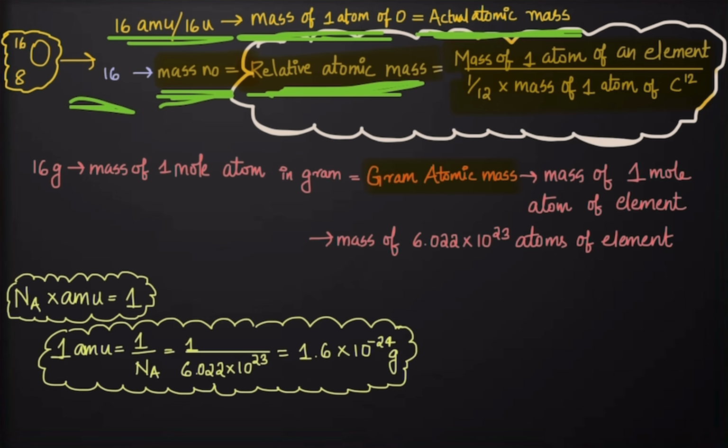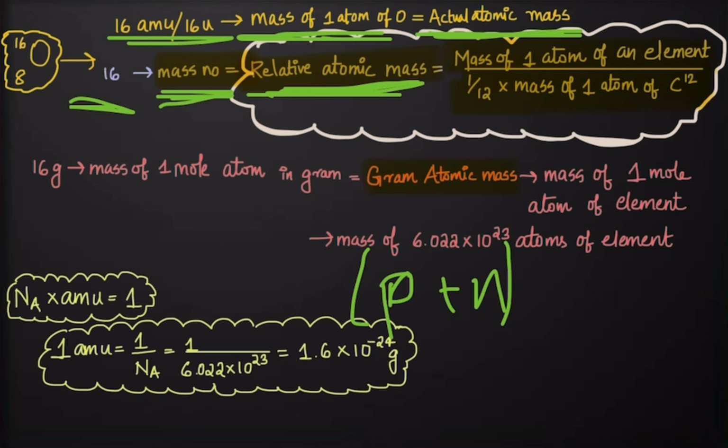How can we find the mass of one atom of oxygen? We know that oxygen has protons plus neutrons plus electrons. In that we can ignore electrons because their mass is negligible, 9.1 into 10 raised to minus 31 kilogram. So the mass is equal to mass of proton plus mass of neutron.